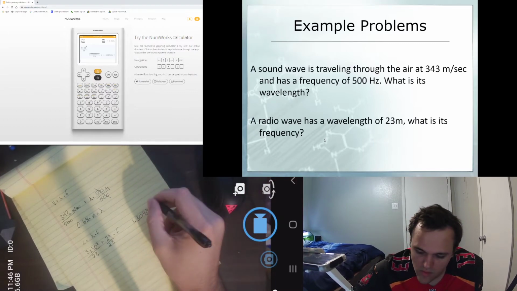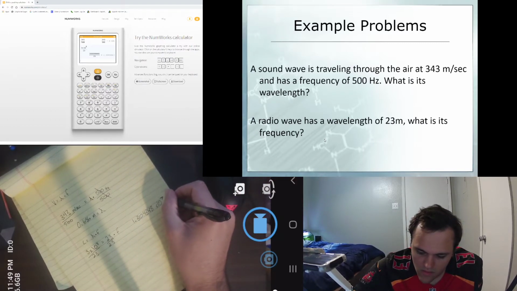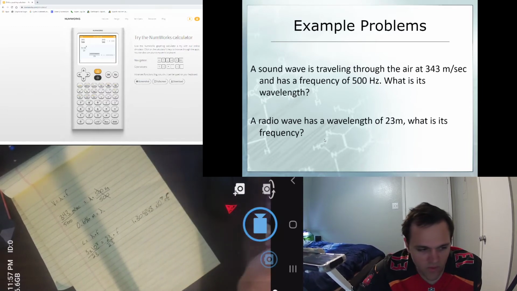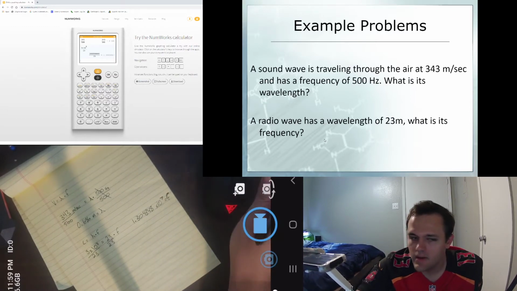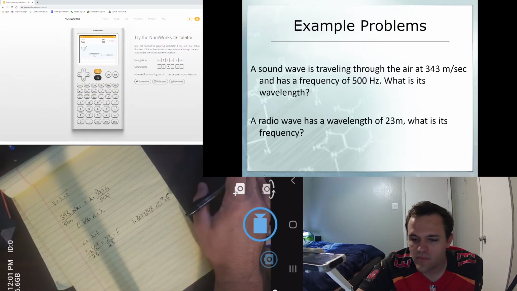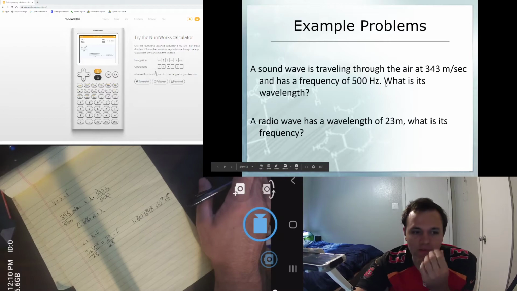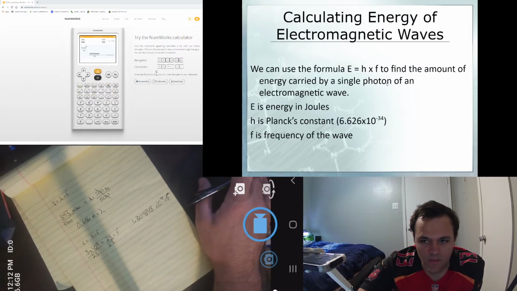Okay, so this would be our answer for frequency, for f, in this second problem. My pen is running out of ink. All right, so that is finding wavelength or frequency based on the other.